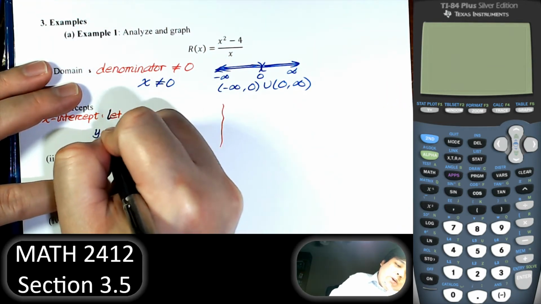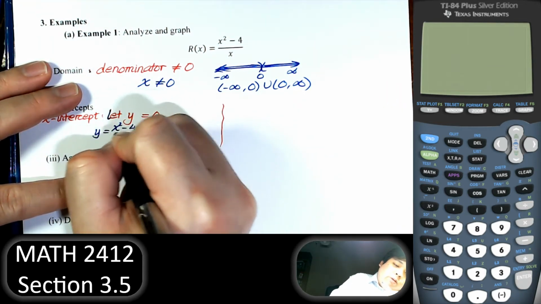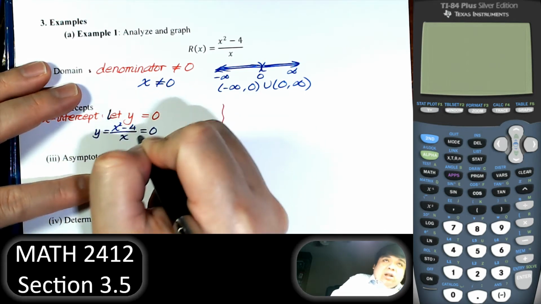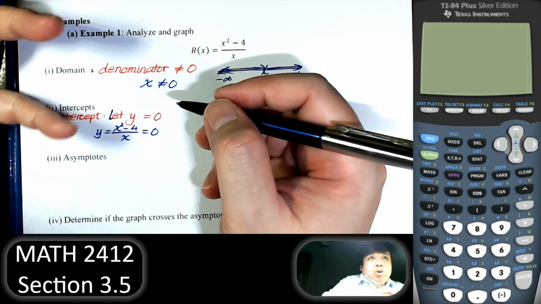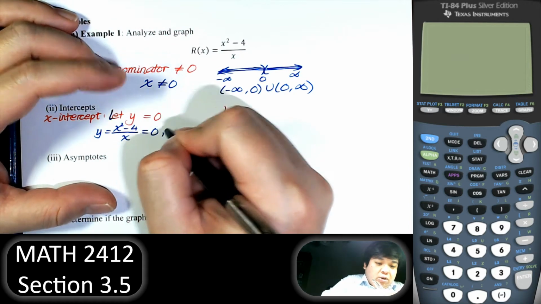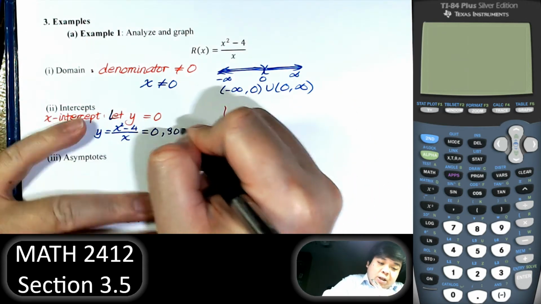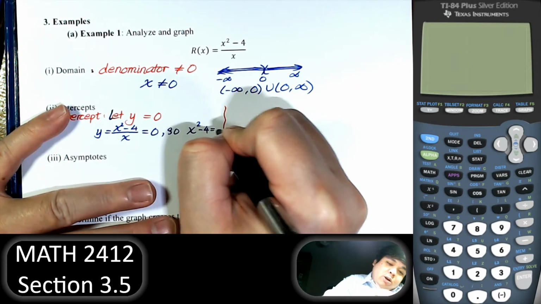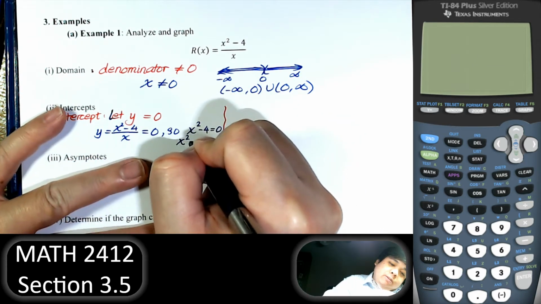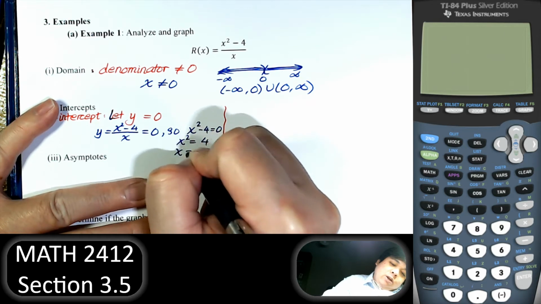So y equal to x squared minus 4 over x equal to 0. If the ratio is equal to 0, then the top is equal to 0, of course that is reduced. So x squared minus 4 equal to 0, so x squared is 4, so x equal to plus or minus 2.